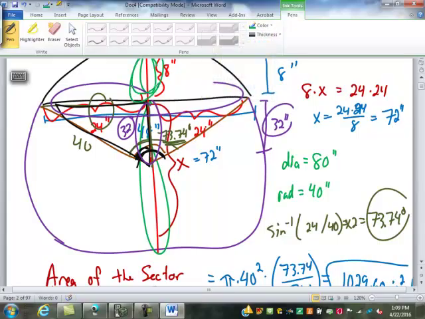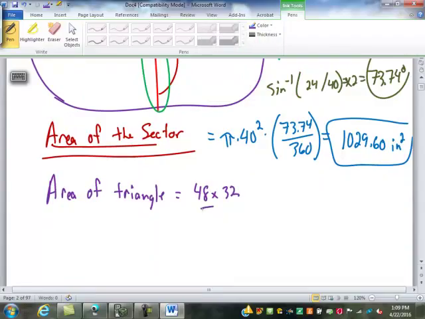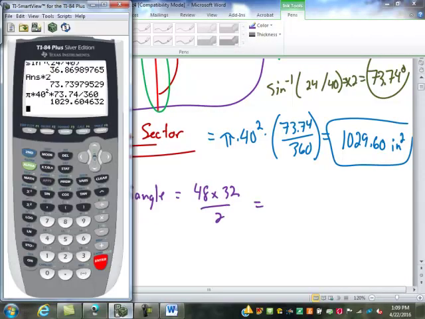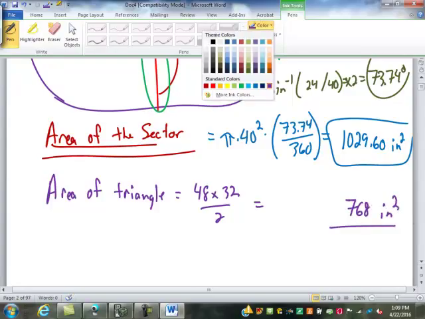This is 8 up here, and the radius, the whole radius from the center out is 40. So it's just 40 minus 8 to give us that height here of 32 inches. So 48 times 32 divided by 2 because it is a triangle. That gives us 768 square inches for the triangle.